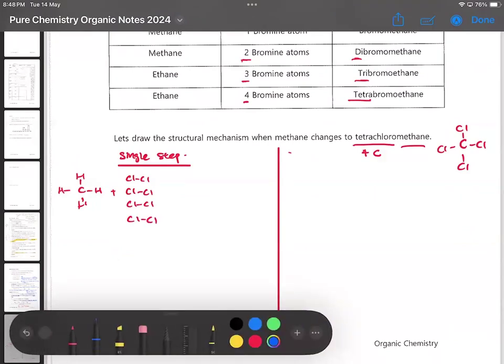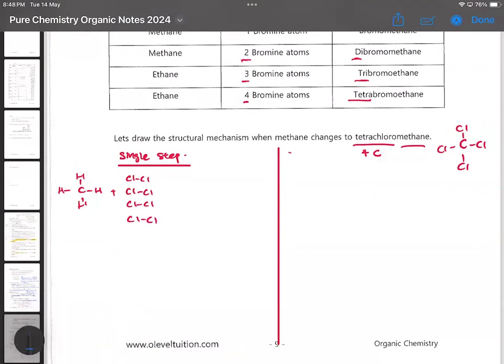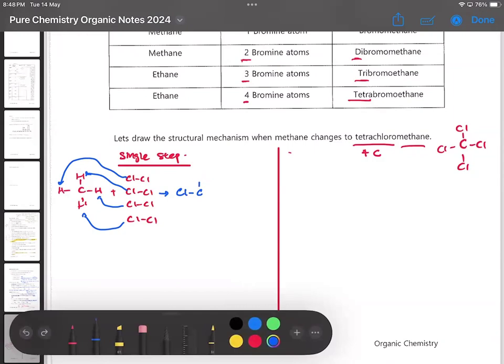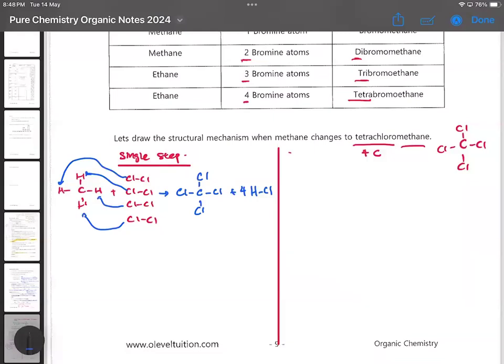So the four chlorine can do the exchange. Maybe this guy can swap with him, this swaps with him, and so on. After the swapping process, you get the four chlorine taking the place of the four hydrogen, and at the end, I have four of the HCl. So this will be CH4 plus 4Cl2, producing CCl4 and 4HCl.